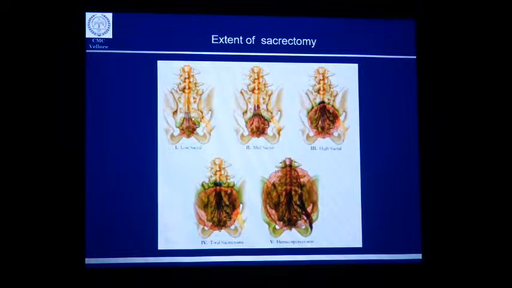What we usually do here is, once you expose this, you do a laminectomy, and you identify the thecal sac and the roots that can be safely preserved, the roots coming just above the level of the osteotomy.